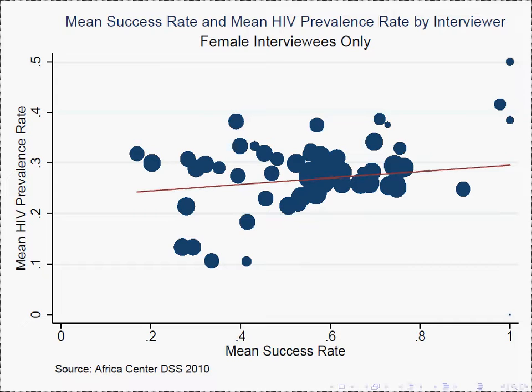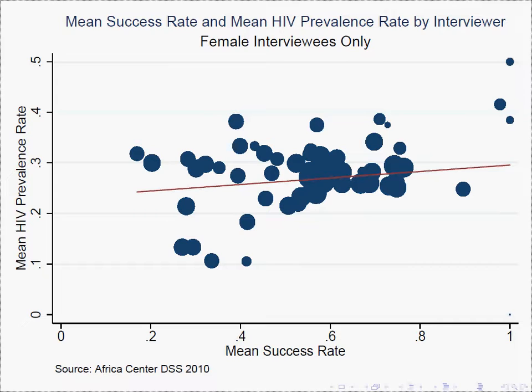So for example, for this interviewer here, 20% or so of their respondents agreed to test. And among those who tested, 30% were HIV positive. So you'll notice that there's sort of an upwards trend in this graph. In other words, the interviewers who are more successful at getting people to test have higher estimates of HIV prevalence.